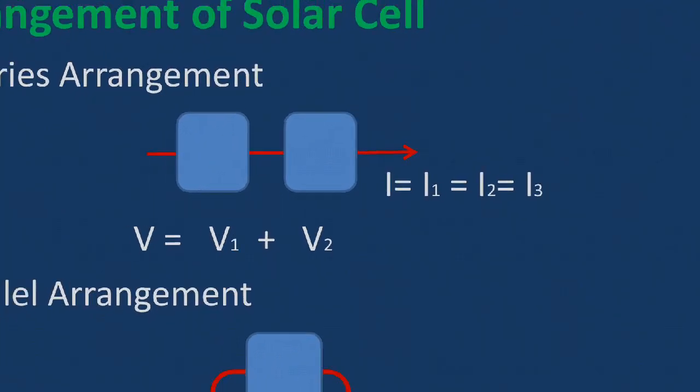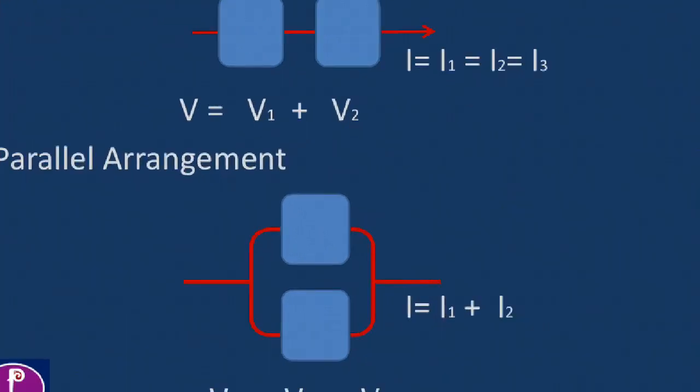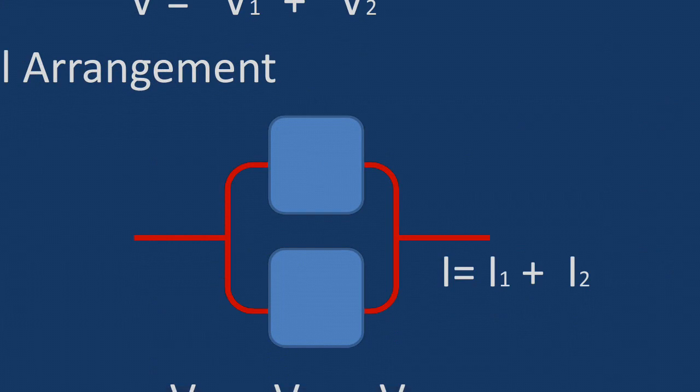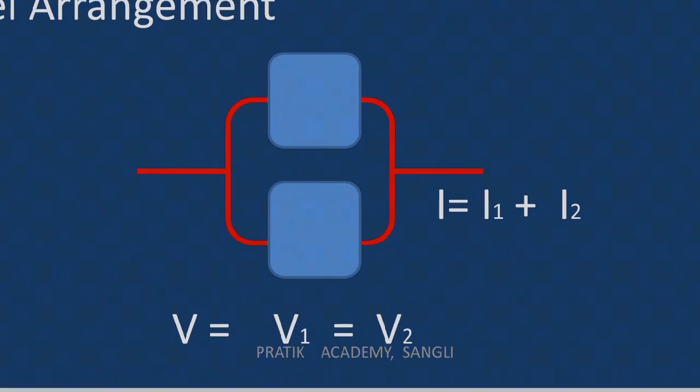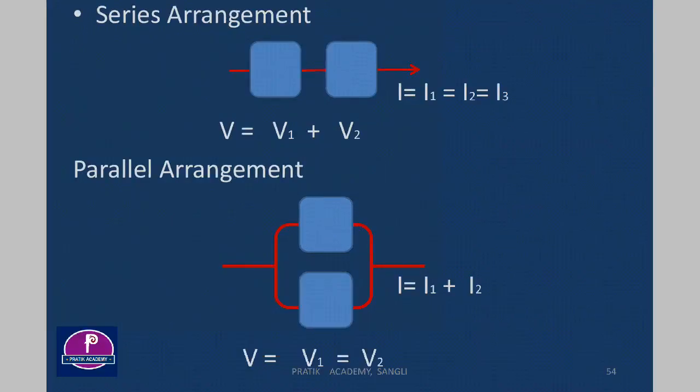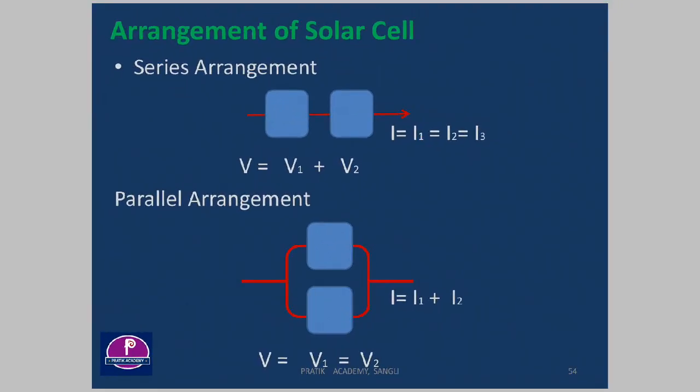And in case of parallel, when two cells are connected in parallel between two junctions, the voltage across the junction is equal to the voltage across each cell, but the current across the junction is the sum of the current generated in each cell. So these properties are similar to resistor arrangement properties.